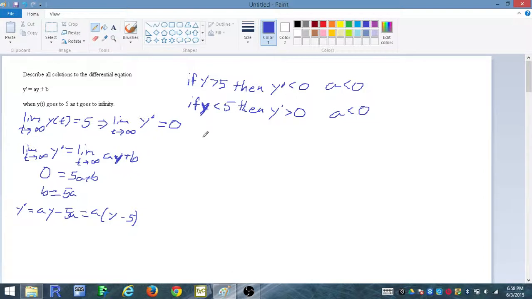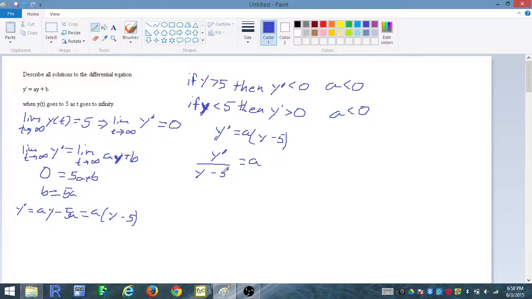Okay, so now let's take a look at our equation. Let's divide both sides by the parenthesis. Now we're saying that y does not equal 5, of course.